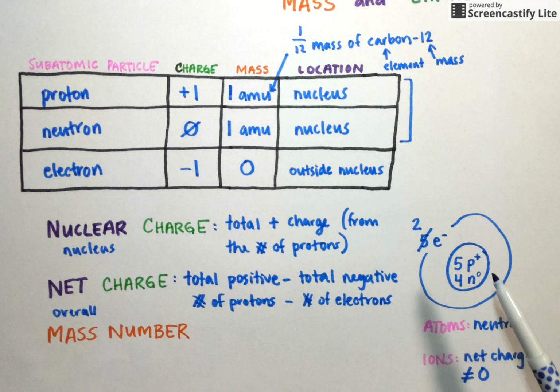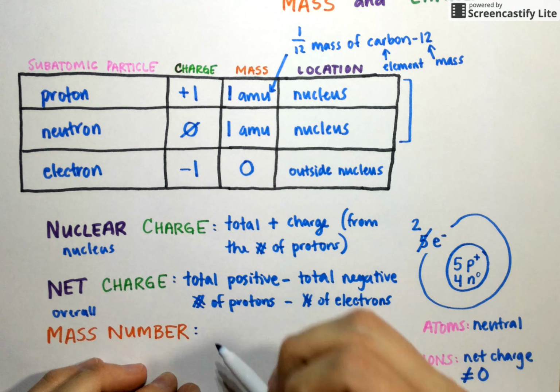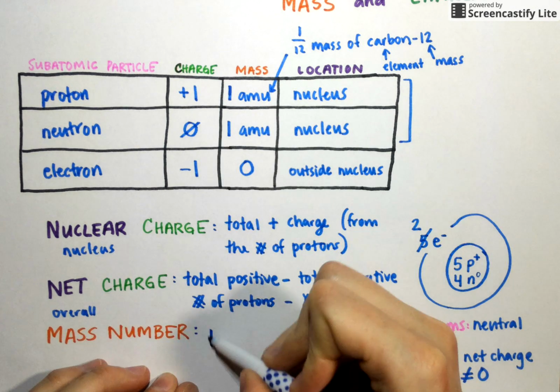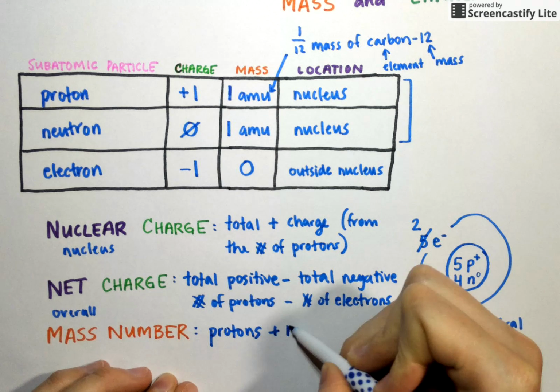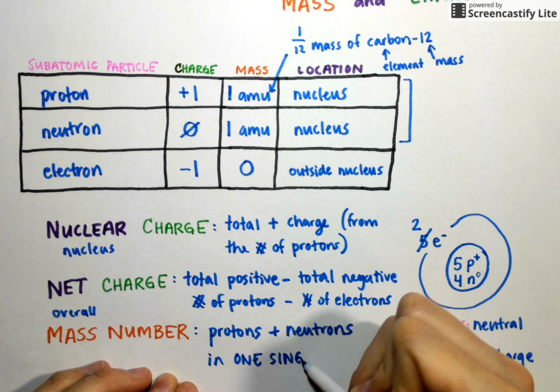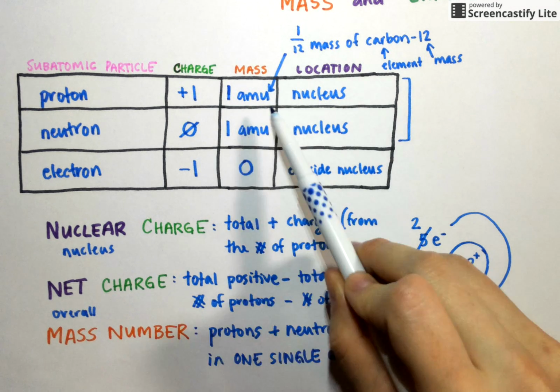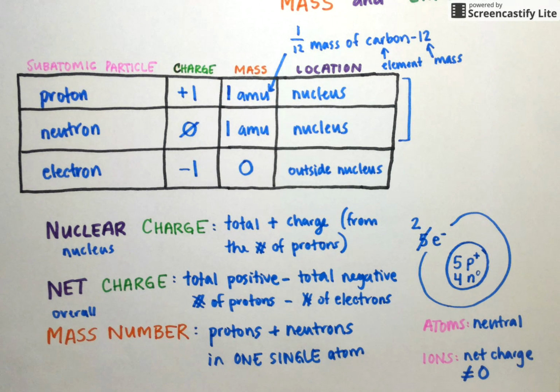We'll get a little bit more specific about how these 5 electrons are distributed as we learn more about atomic structure. So when I talk about the nuclear versus the net charge of this atom over here, what I know is nuclear has to do with the nucleus. And the nucleus is composed of protons and neutrons.